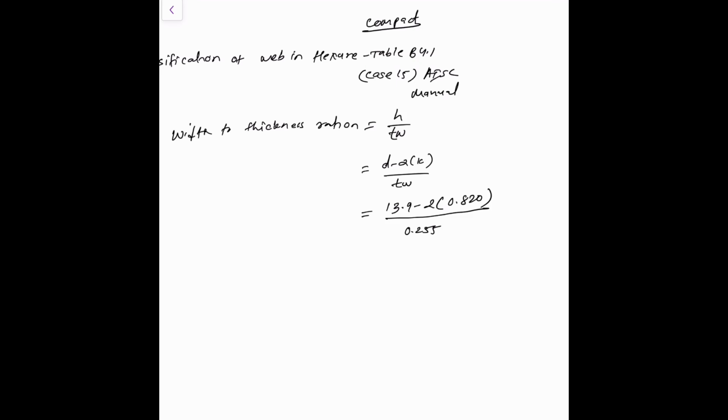For W14x26, 13.9 minus 2k, 0.820, divided by thickness of web 0.255. Solving this, we will get 13.9 minus 2 times 0.820 divided by 0.255, which is 48.1.